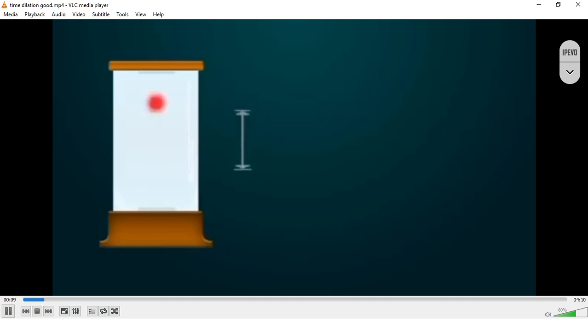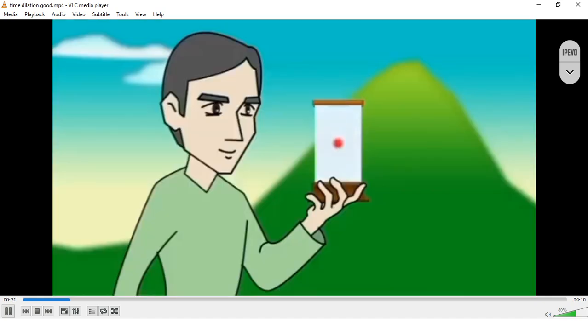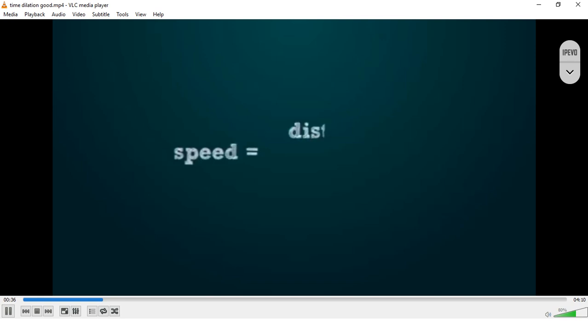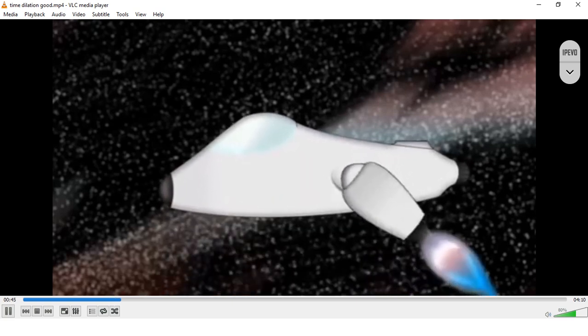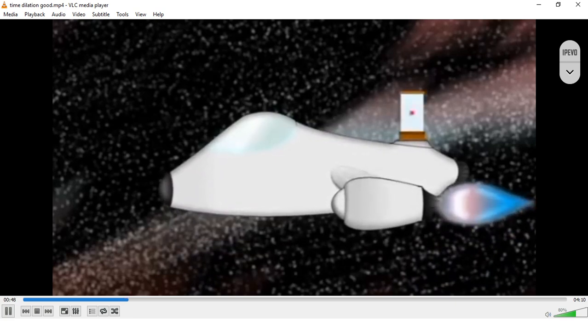So assuming a photon of light is allowed to oscillate in 1 second at a certain distance d, and of course you know that the speed of light is constant. Observe the oscillation is constant as well, equal distance and equal time. You now take the same oscillation of time to space.